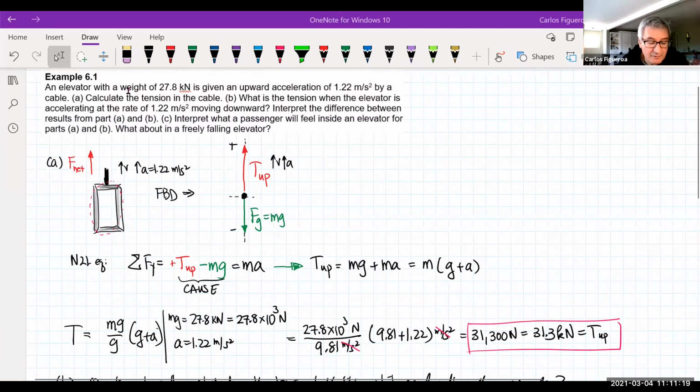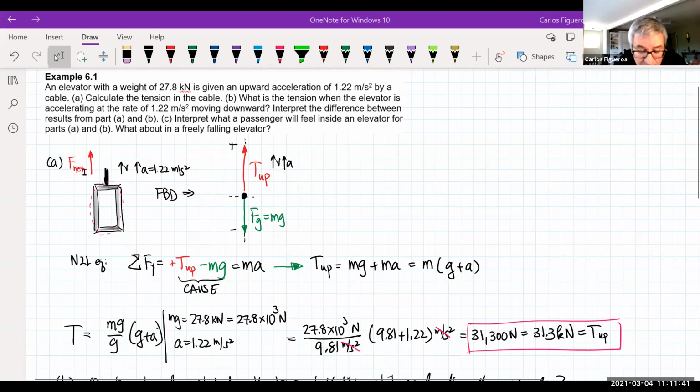So what we're doing here is that we started looking at 6.1, and it says that we had an elevator with the weight of 27.8 kilonewtons, has an upward acceleration of 1.22 meters per second squared, and we want to calculate the tension in the cable. So this is what we did. We looked at this thing. We knew that it's accelerating, so the net force had to be upwards.